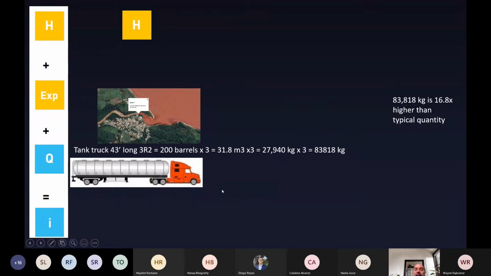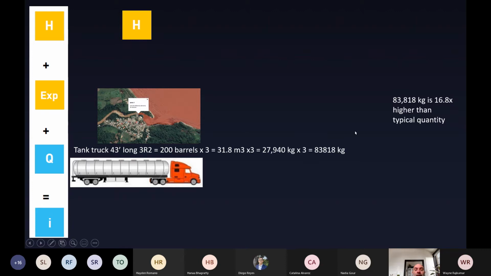What I can see is that the 83,818 kilograms is 16.8 times higher than the typical quantity that was depicted in the table before. So the distance should be modified according to the length of the spill.